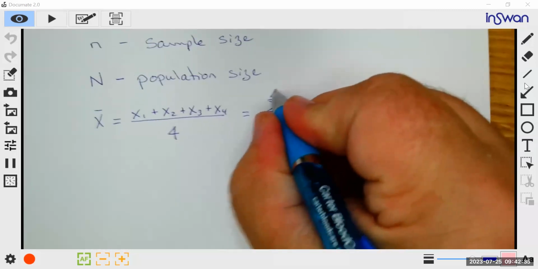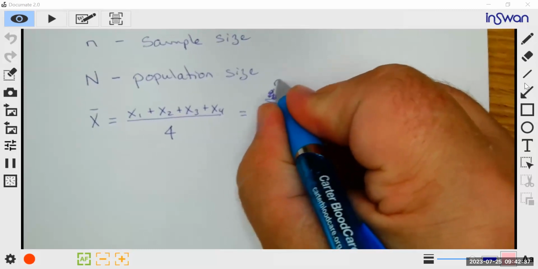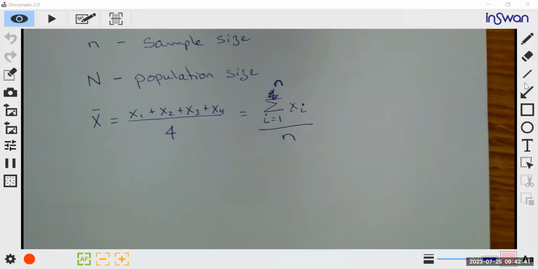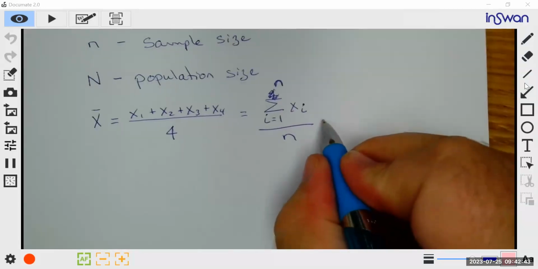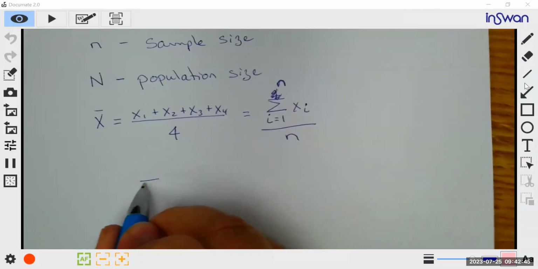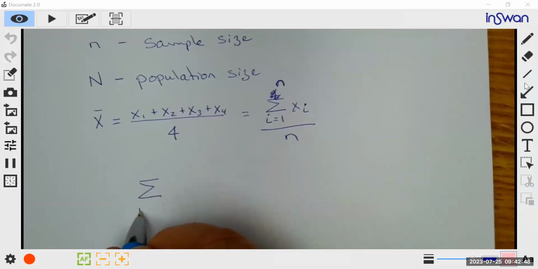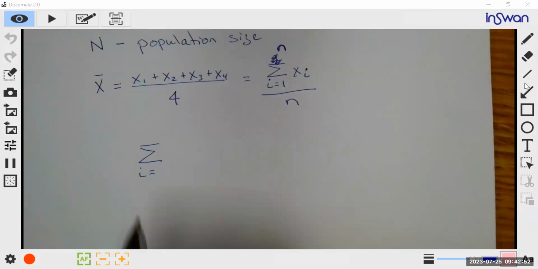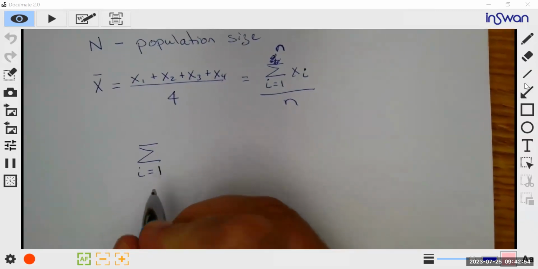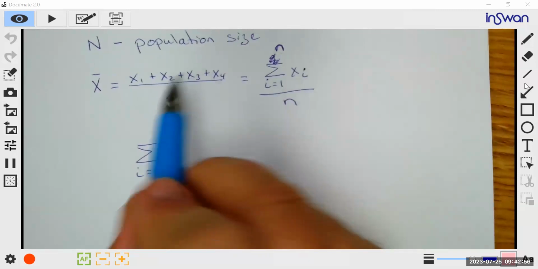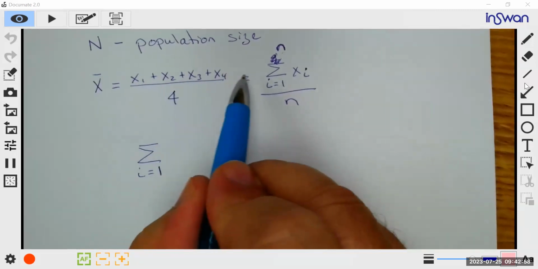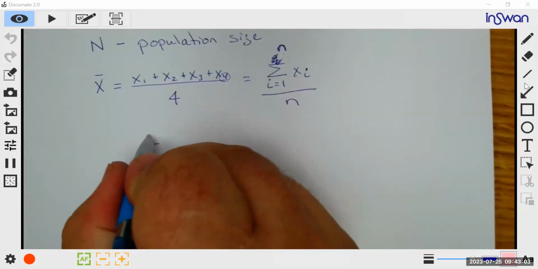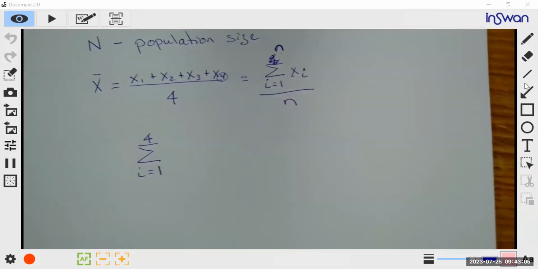Actually, instead of 4 here, it's really an N. Because what this means, I is our counter. It starts at 1 and it goes to N. What's our N if we had this many data? What's our N? Yeah. 4 is our number of data points we have.